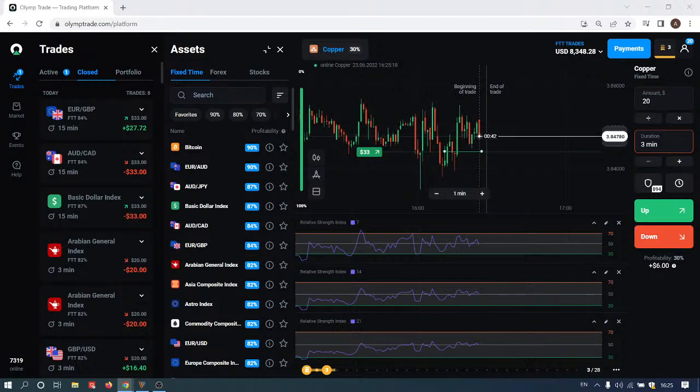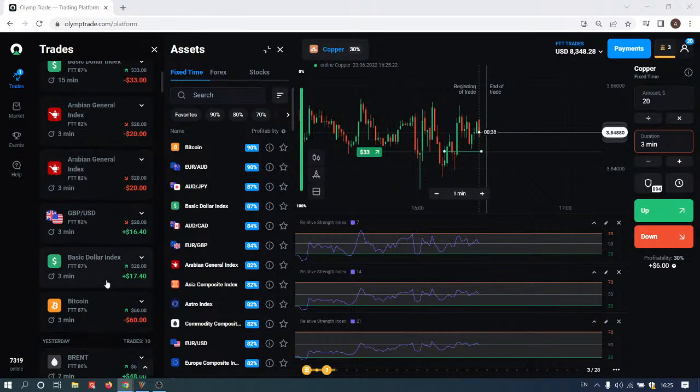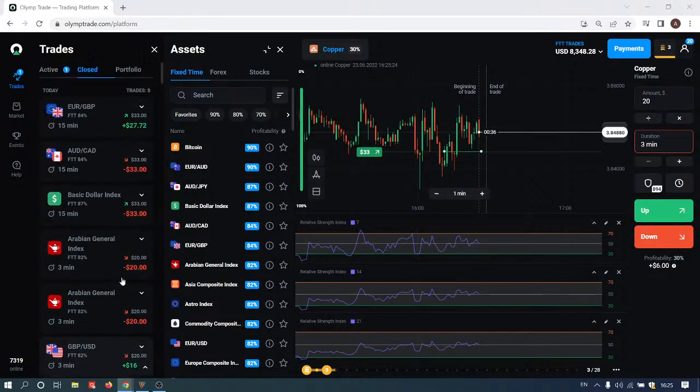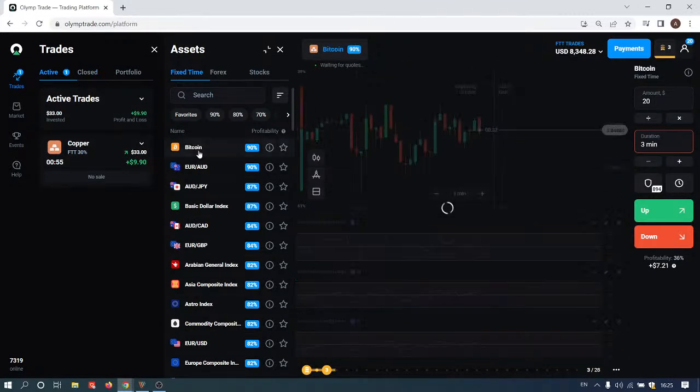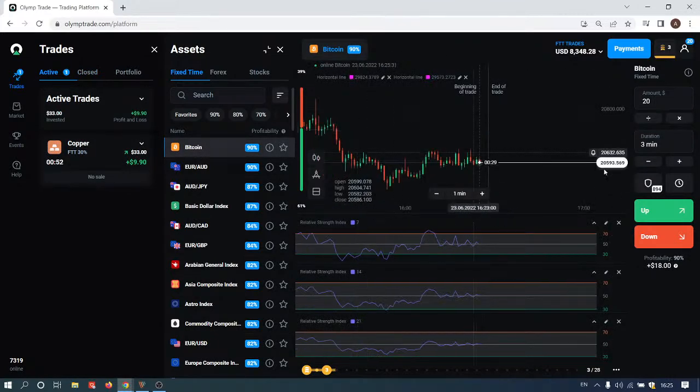I think we are going at a 50-50 rate today. It all started with two winning trades, now four losing trades, and one more. And yeah, this should be a winning trade here.